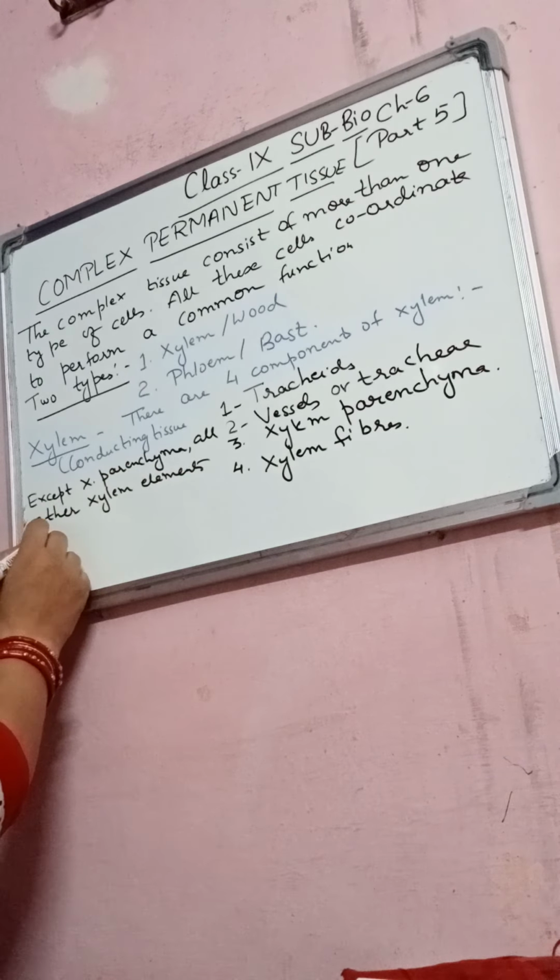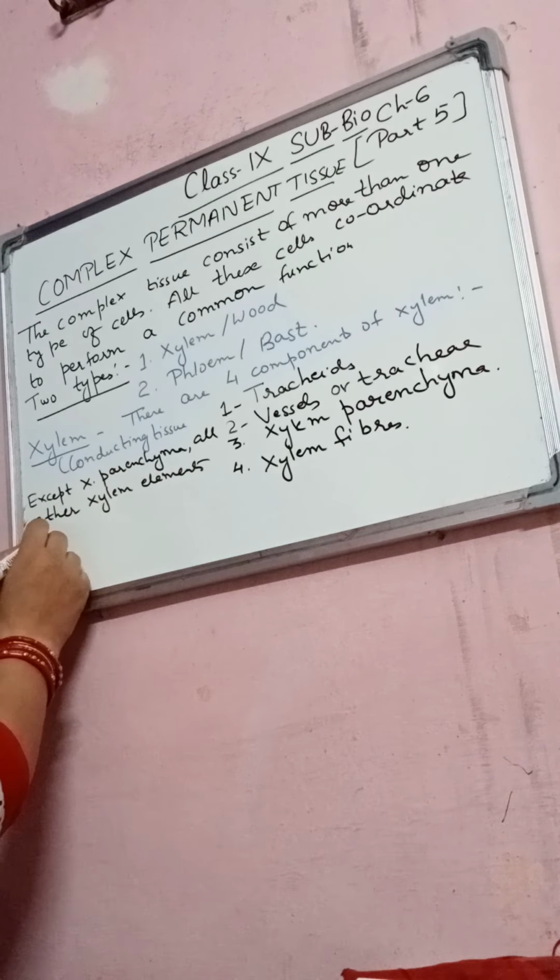Thick lignified walls. Now students, in page number 72, look at here. Xylem consists of tracheids, vessels, xylem parenchyma and xylem fibers.